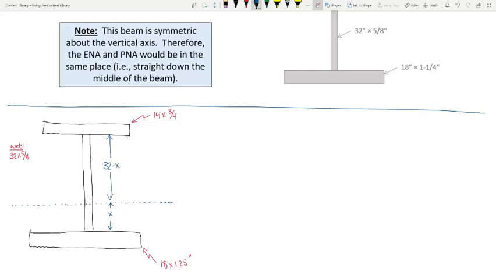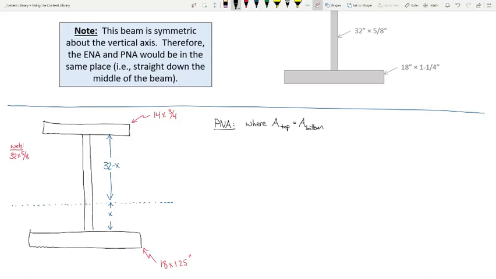Now, let's see if we can figure out what x is so that that's where the plastic neutral axis is. Now, what is the plastic neutral axis? Okay, the plastic neutral axis is where the area on the top equals the area on the bottom. That's where the plastic neutral axis is.